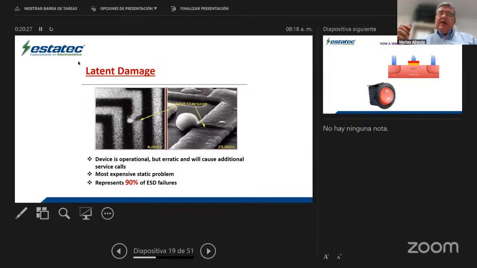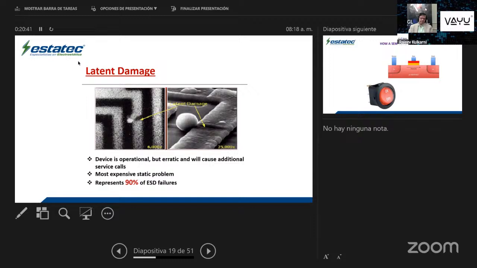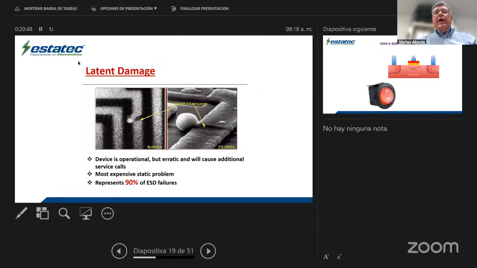It's a latent damage. You hit the semiconductor, the transistor inside the semiconductor, but it passes your in-house test. The situation is that sometime in the future, sooner or later, like it or not, it will fail. When? I don't know.